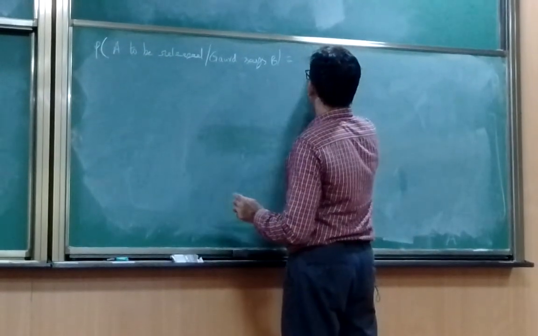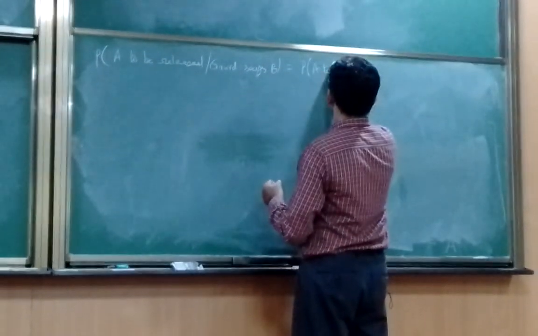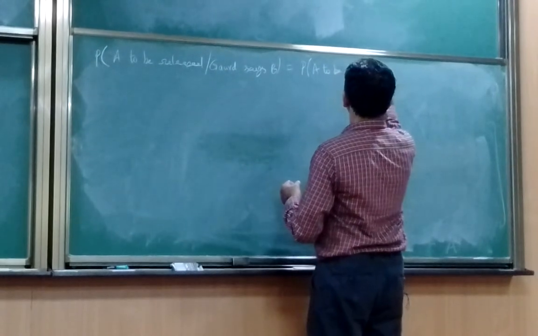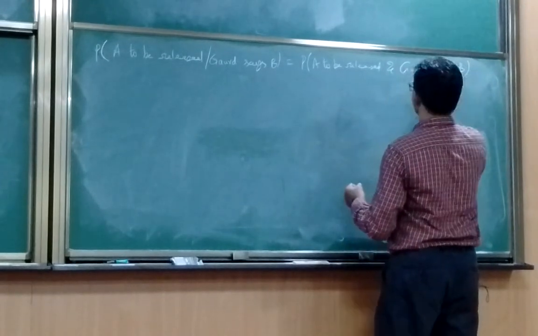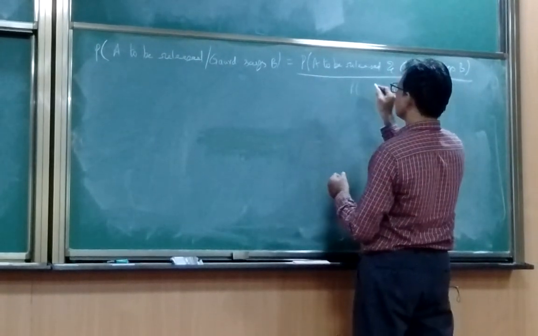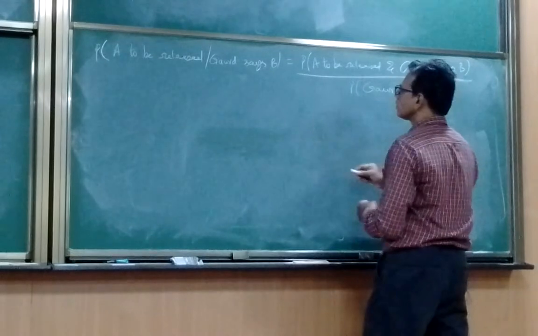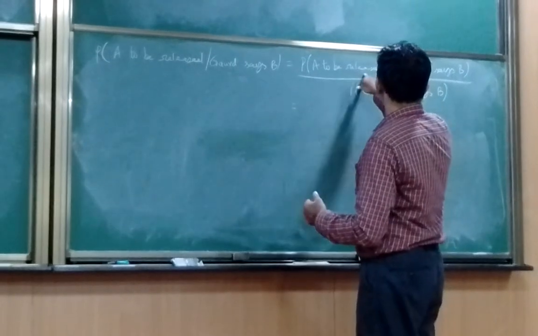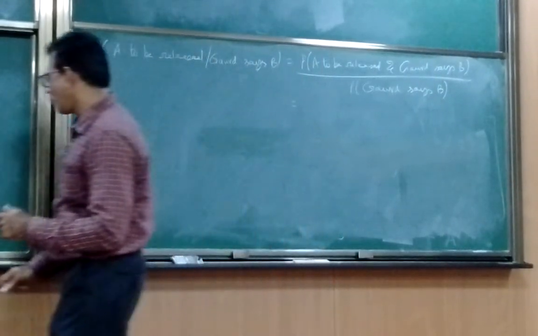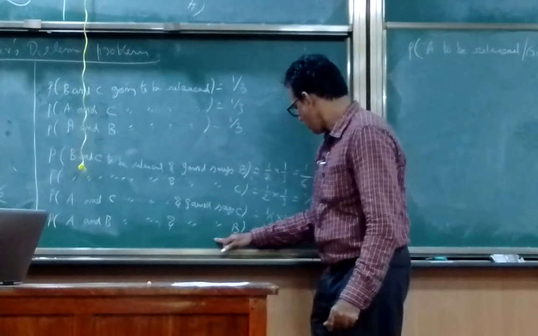Okay, so that is equal to, this is probability of A given B. So what is this? A is going to be released and God says B. See here, where does that happen? Here. A and B are going to be released, but my thing is A is going to be released and God says B. That is 1 by 3.